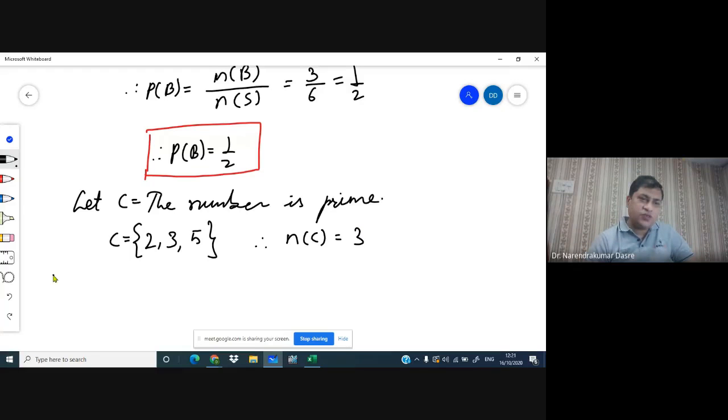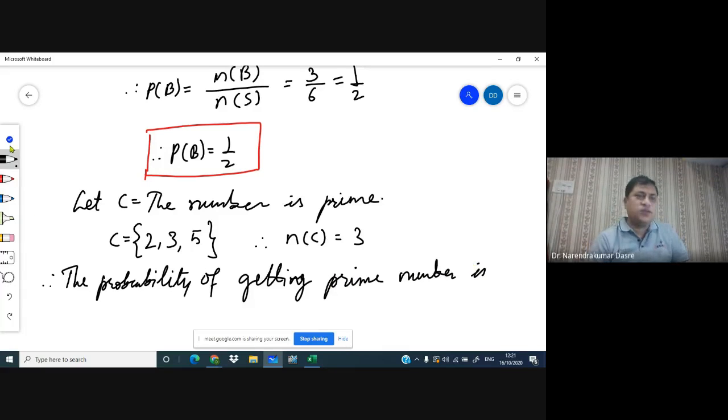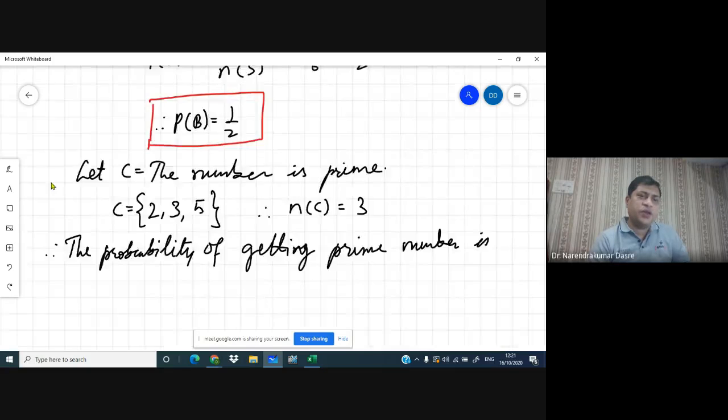Once we know the number of sample points in any event, we are able to define the probability. So the probability of getting a prime number is, what is the probability we can have?